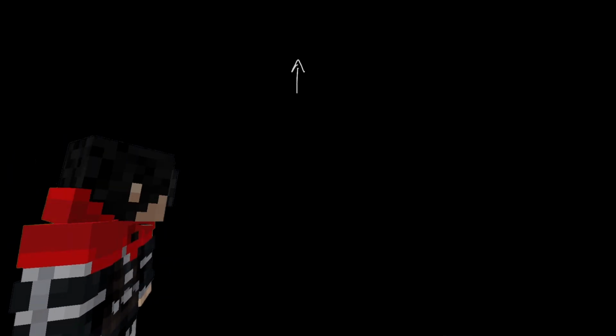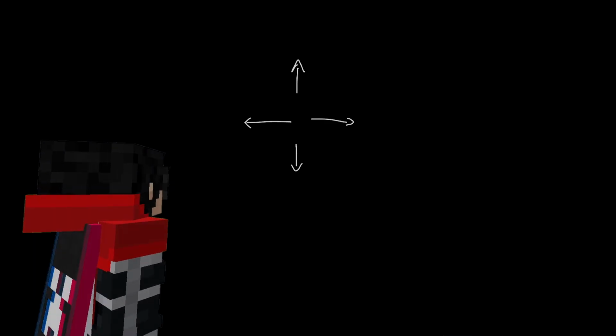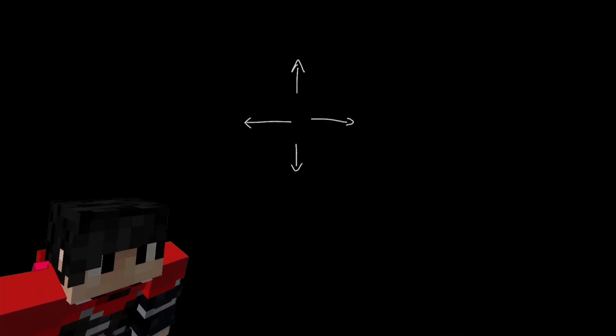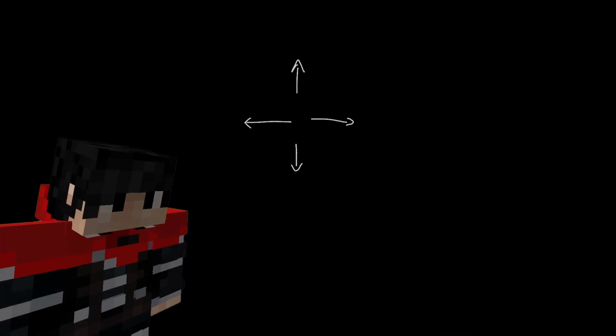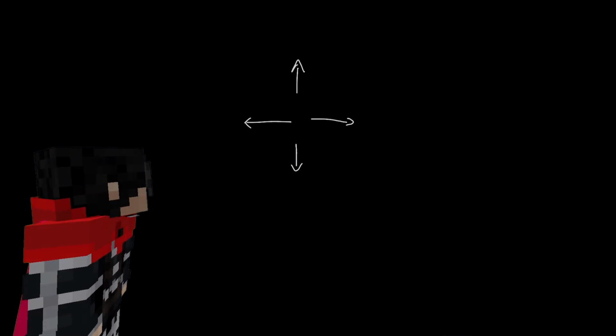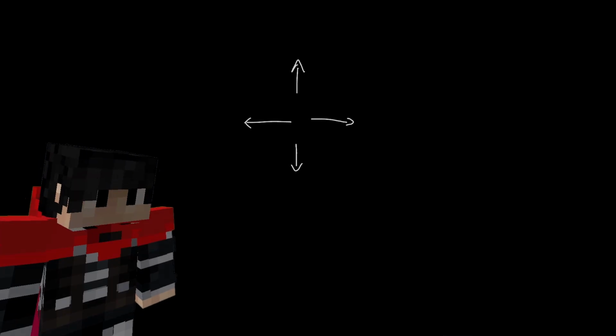So how can we move our piece around the grid? Technically there are 4 different directions that we can move the piece. So there is up, down, right and left. But what is the problem? Right now there is not a problem, but we need to think that there are 2 directions that we don't need to use.